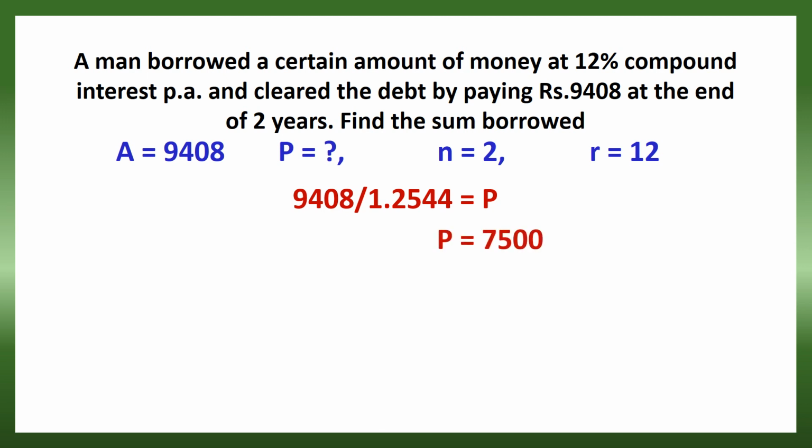Hence the principal is 7,500 rupees, or the sum borrowed by that man is rupees 7,500. When 12% compound interest is added to this 7,500, it becomes 9,408 after 2 years. We are asked to find the sum borrowed, and that is rupees 7,500.